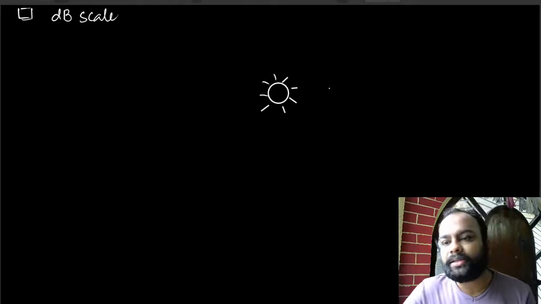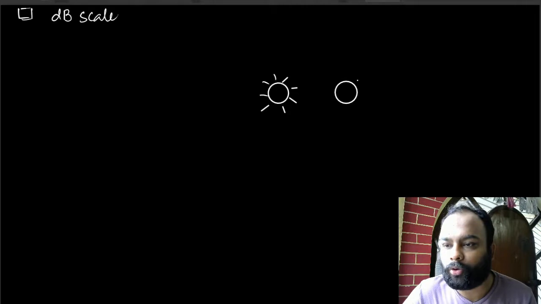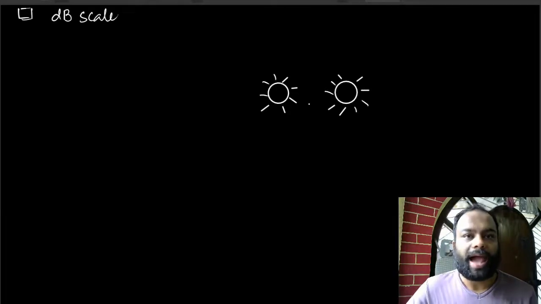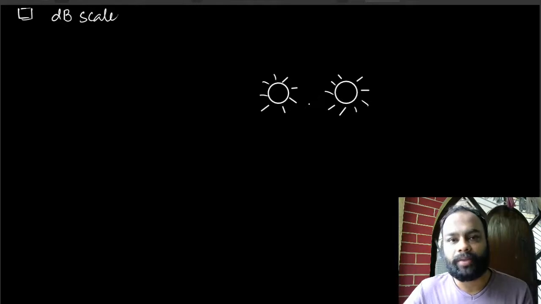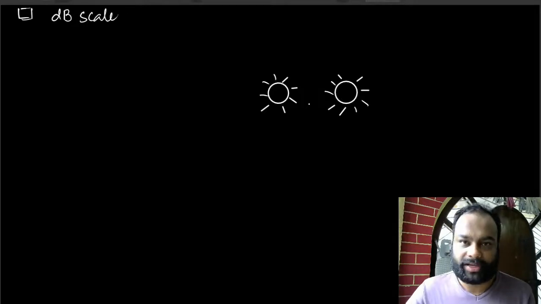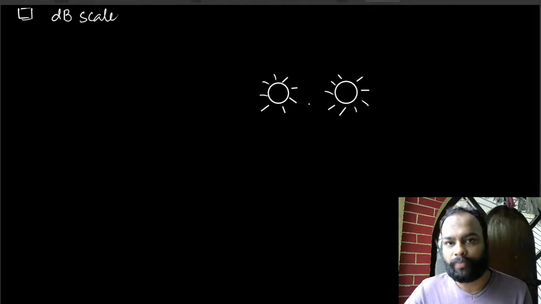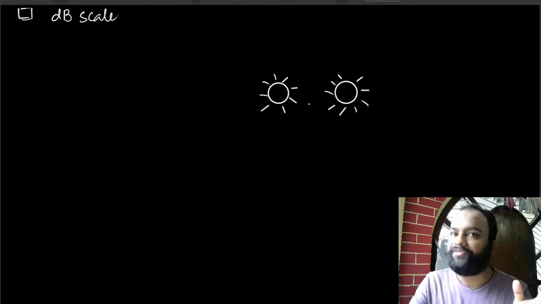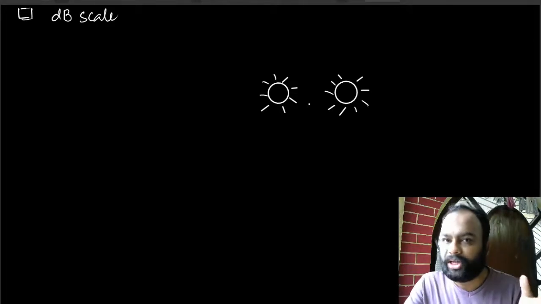Now imagine right next to the light that is glowing currently in a completely dark room, I have put another one, identical in nature, identical in wattage and everything. I put that in the same room right next to the light, and both of them are glowing now. So would you feel the difference?